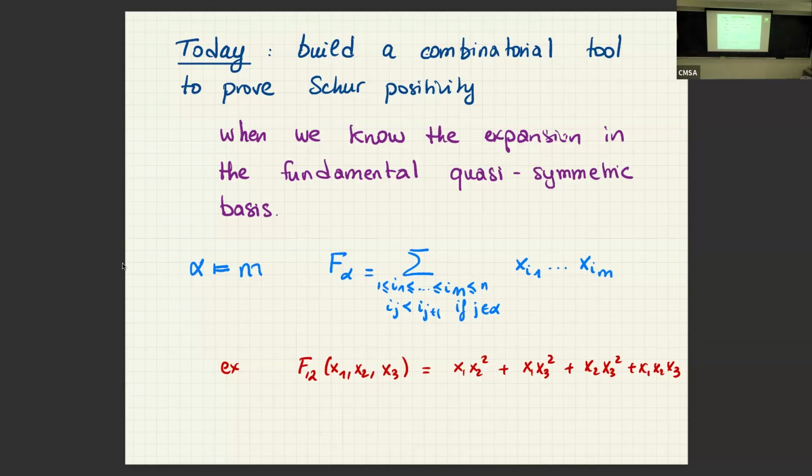Lambda is a partition into at most n parts. I want the parts of my partition to be weakly increasing. And then I say that lambda is a partition of M if the sum of the parts is equal to M. And here we have compositions.